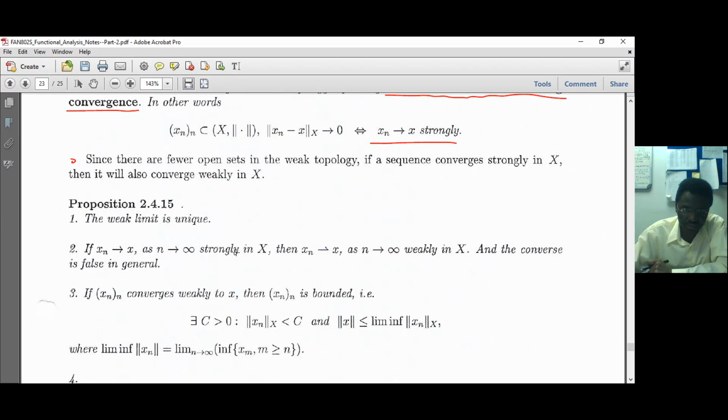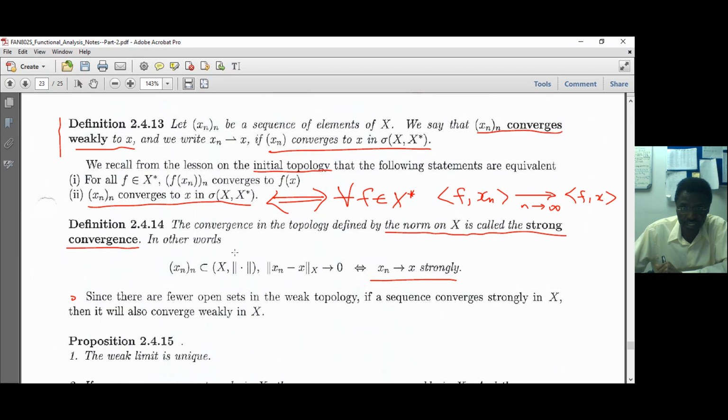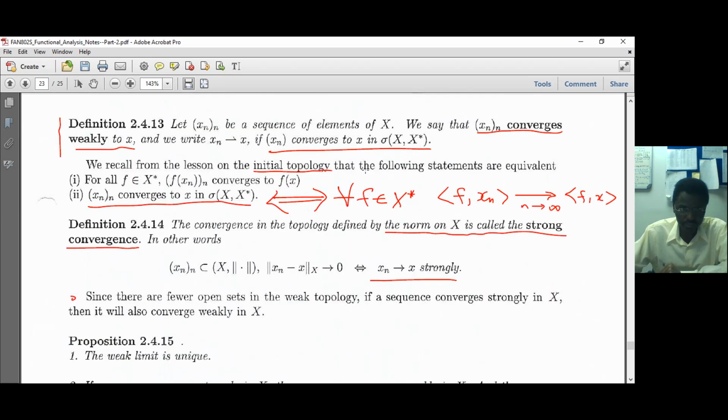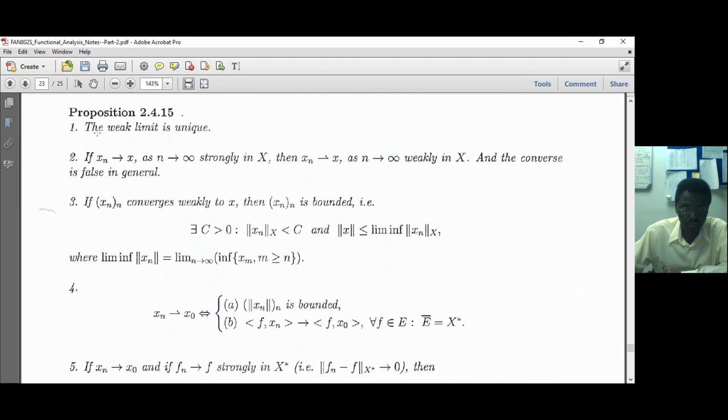Okay, the weak limit is unique. Why? Because we saw that the weak topology is Hausdorff, right? It comes from the fact that it's Hausdorff. We mentioned it here. In a Hausdorff space, the limit will always be unique. So the weak limit is unique.